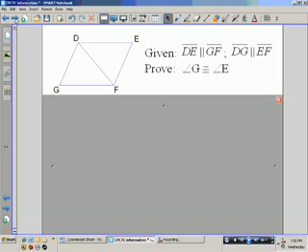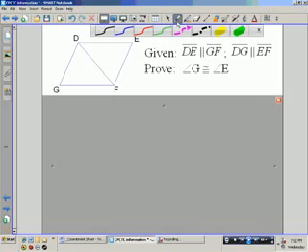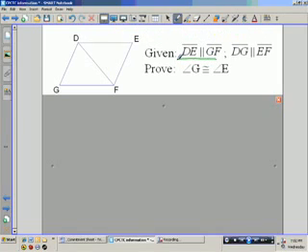Like before, we're going to find the postulate that says these two triangles are congruent, the one on top, the one on bottom. We have some information. The information we have so far is that we have one set of parallel lines, we have another set of parallel lines.